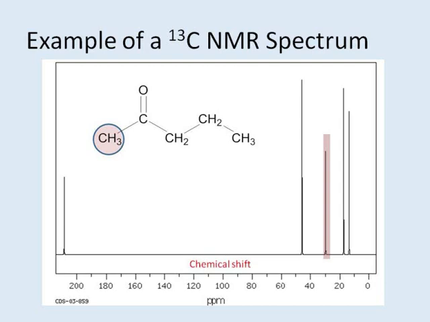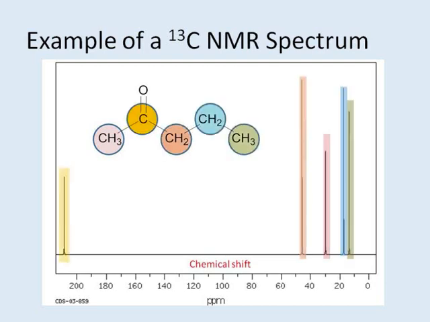So we have now matched each peak in the carbon-13 NMR spectrum with the corresponding atom in 2-pentanone. In order to be able to do the same with other different carbon-13 NMR spectra, we need to learn some general rules and patterns for carbon-13 NMR interpretation.